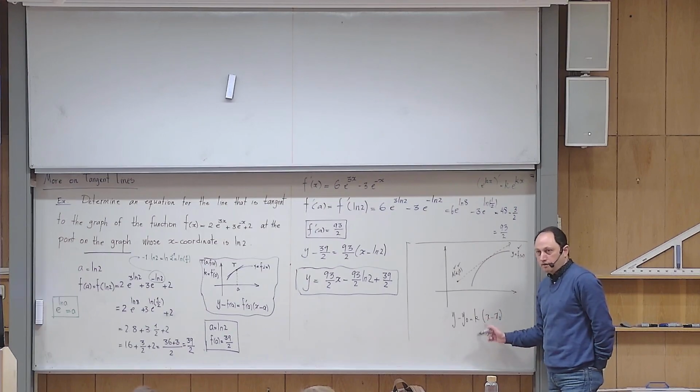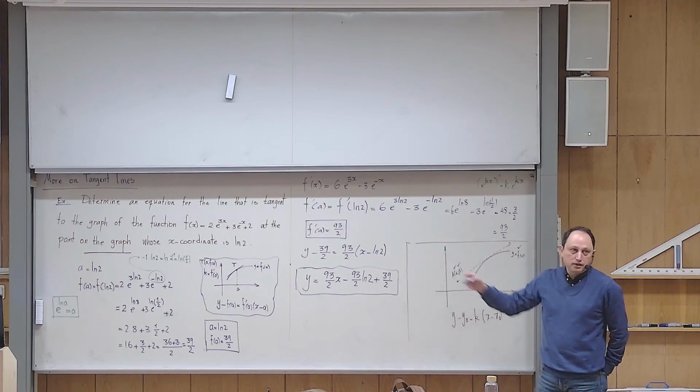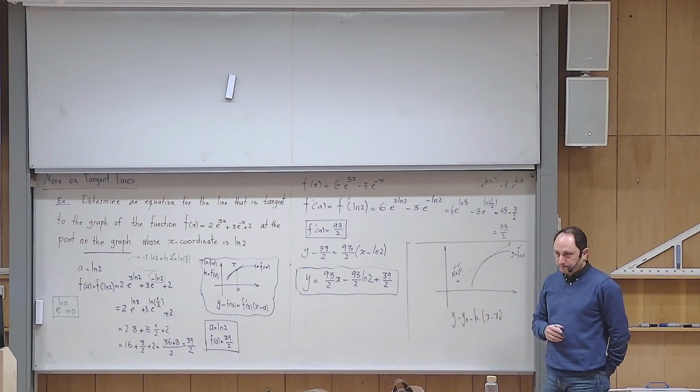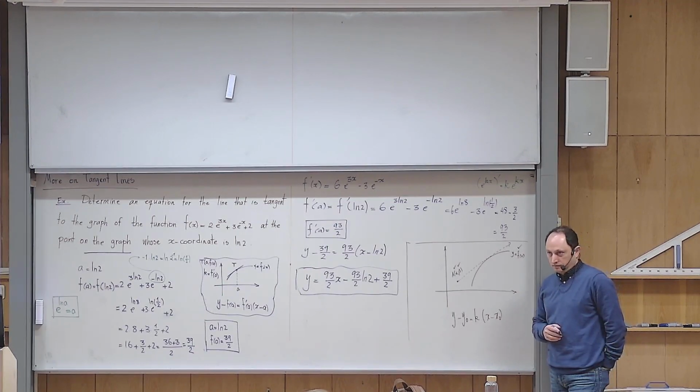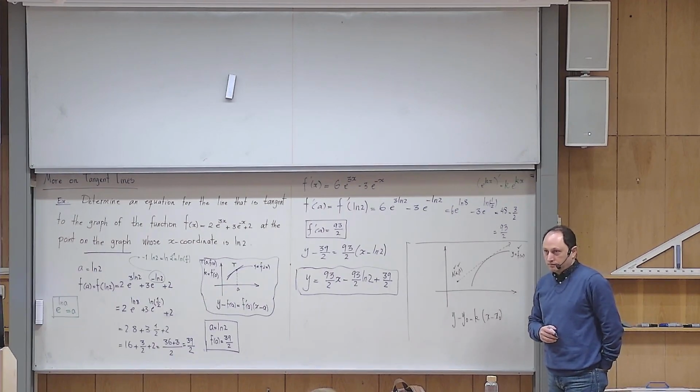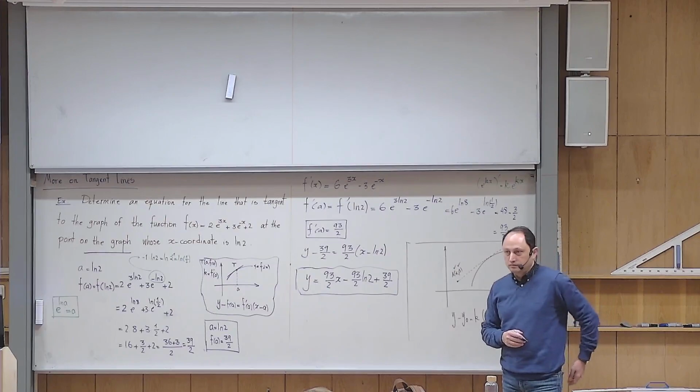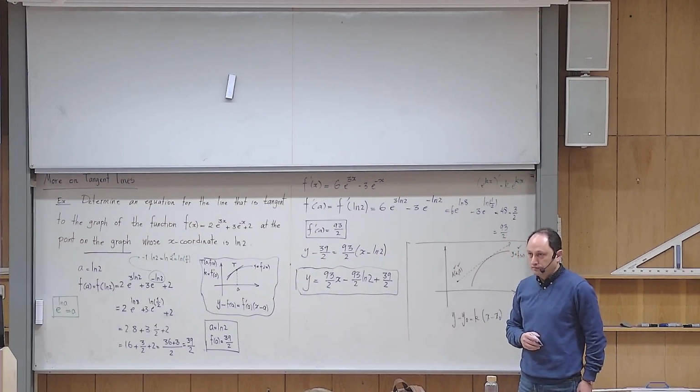But why is finding k in this problem different from finding k in that problem? Yes, Rasmus? Because in the first problem, we could easily find the k value, because we had an x coordinate to plug into a derivative for that. But we have no idea where the tangent line lies on the curve.